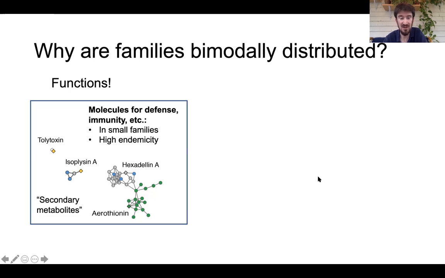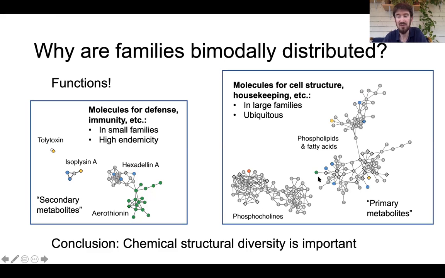In contrast, molecules that are the basic building blocks of cells, for cell structure and housekeeping, were found in very large families, and the molecules and the families tended to be ubiquitously distributed. That is to say that they were found in every ecoregion. And so this, to us, explains why you have a lot of families that are found in one ecoregion, and a lot of families that are found in all 6 ecoregions.